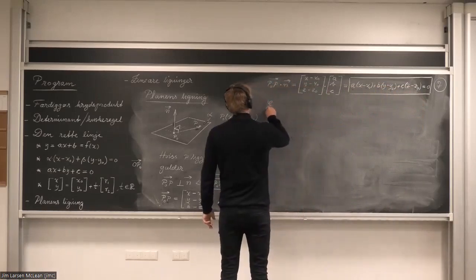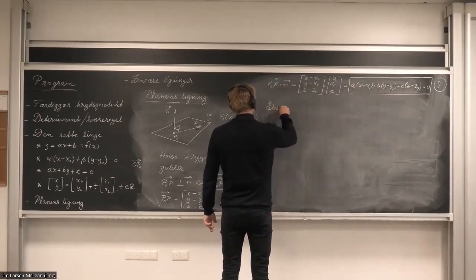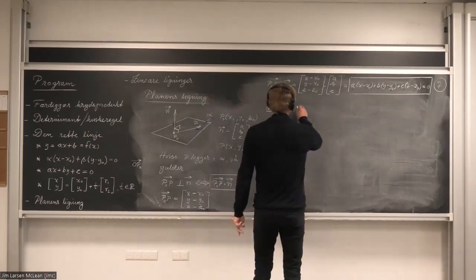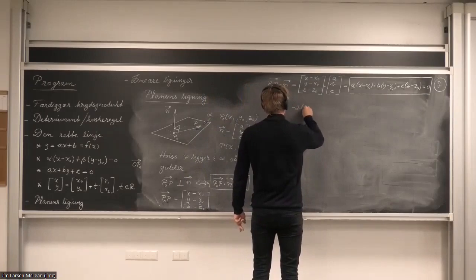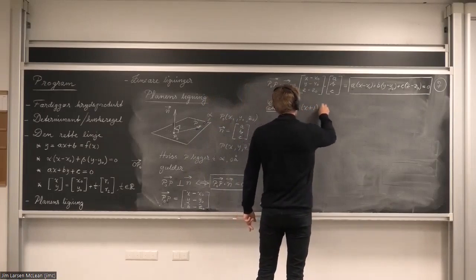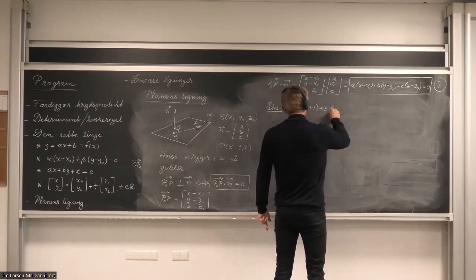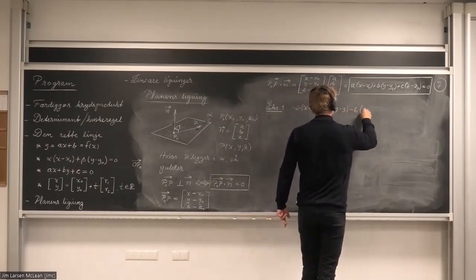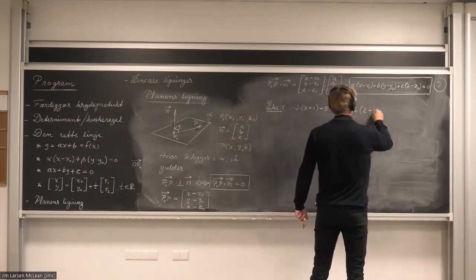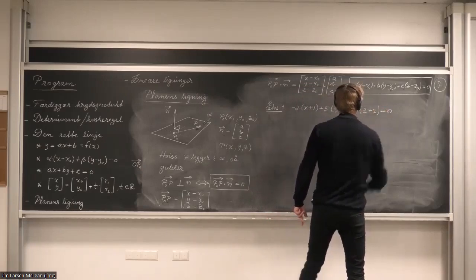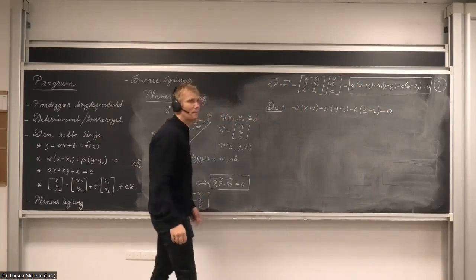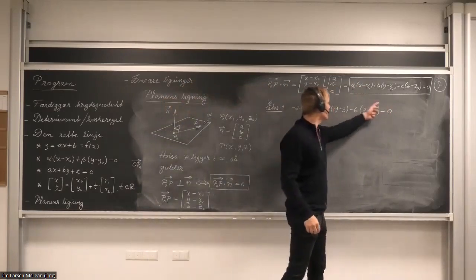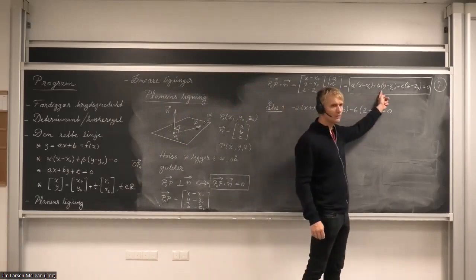Here is an example. If one day you come across something that looks like this: minus 2 times (x plus 1) plus 5 times (y minus 3) minus 6 times (z plus 2) equal to 0, and someone asks what it is, you should be able to recognize the structure.